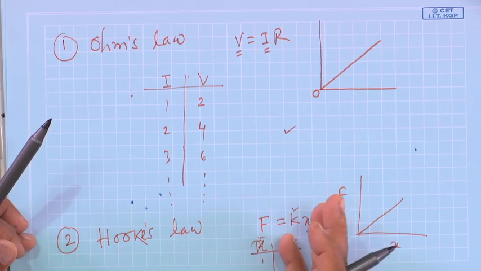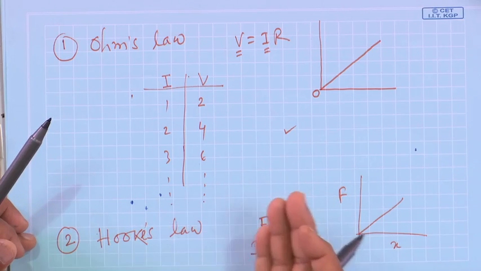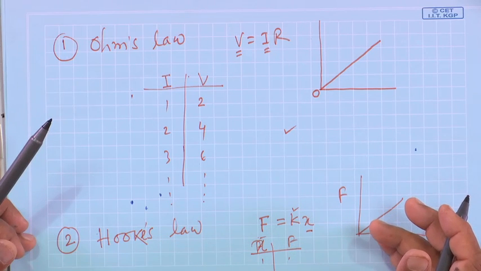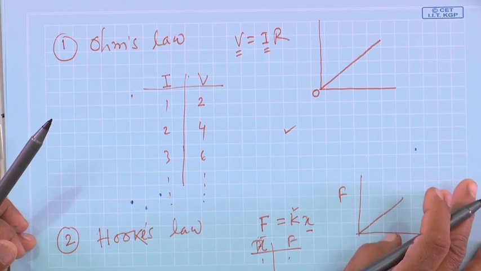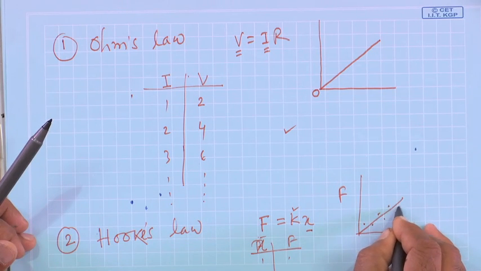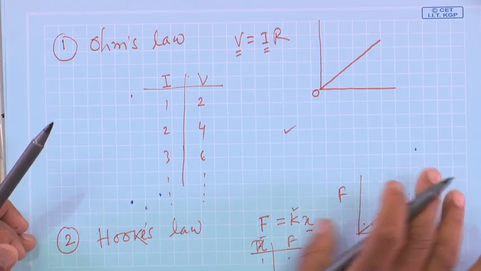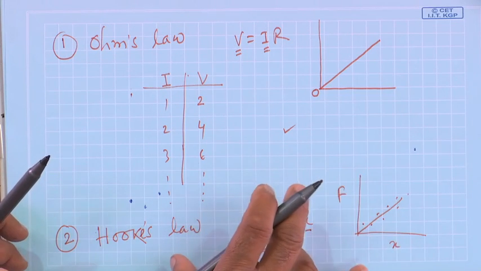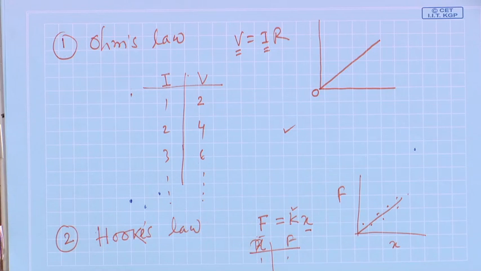Now you check how good your data or your experiment is: just plot it and see whether you are getting a linear fit or not. On the average it is linear, so you are confident now that your experiment is correct. This is the way we check our result using a graph.